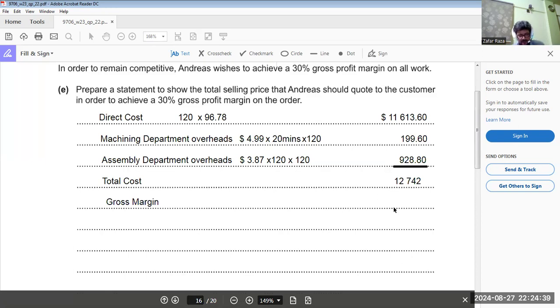See, it means total cost is 70% of the selling price. Multiply by 100 divided by 70. So selling price should be 18,202.86.